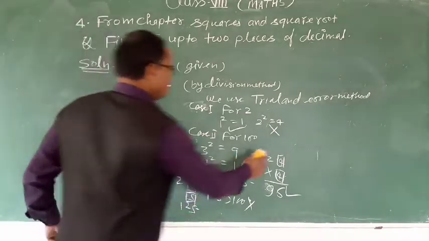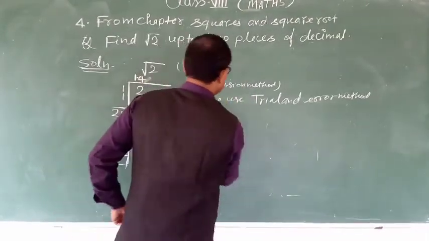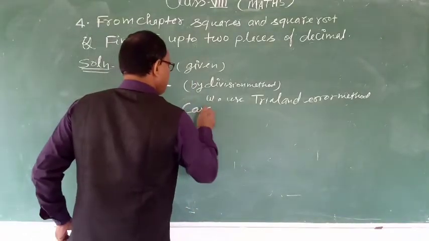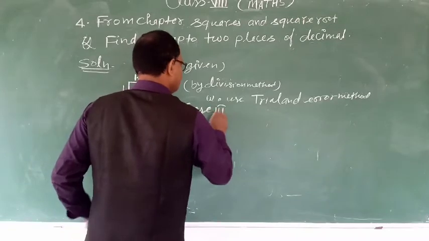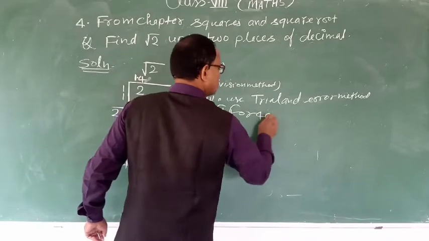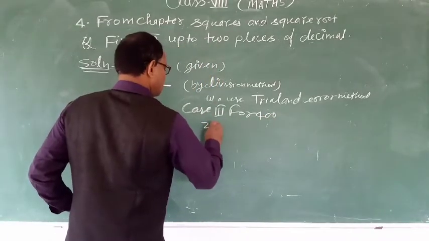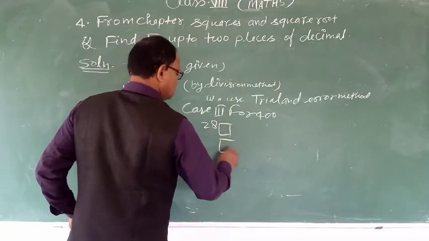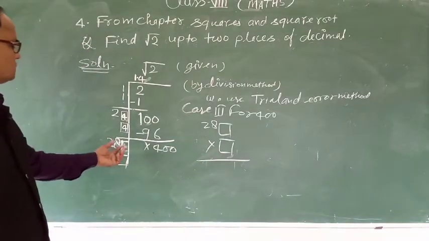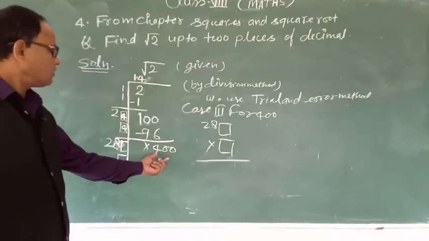We can write here case third. Case third for 400. Which number? 28 in the box, which number's square and multiply in this is not greater than 400.